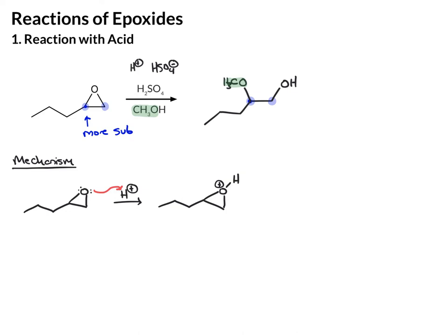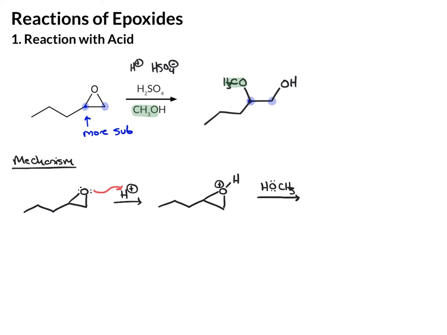HSO4- is not a nucleophile, so you don't have to worry about it adding. But what will act as a nucleophile is the methanol that's floating around. So let's involve it next.